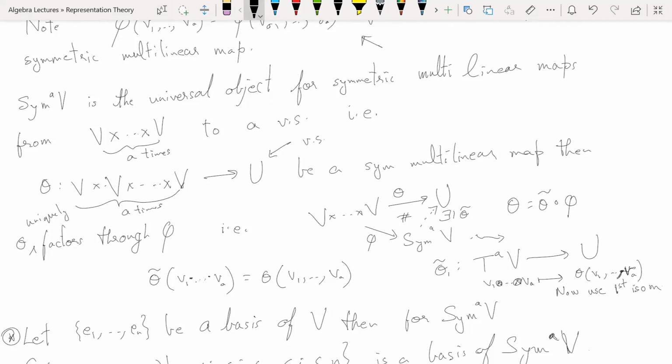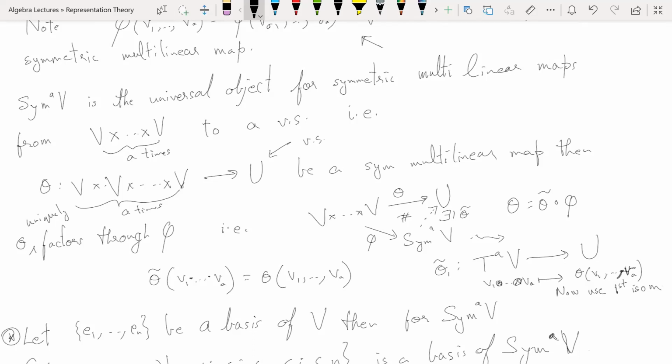That definition gives you theta tilde, where v1 dot vA goes to theta of v1 to vA. By construction, this diagram commutes. So that's the proof that Sym^A V is the universal object, satisfying the universal property.